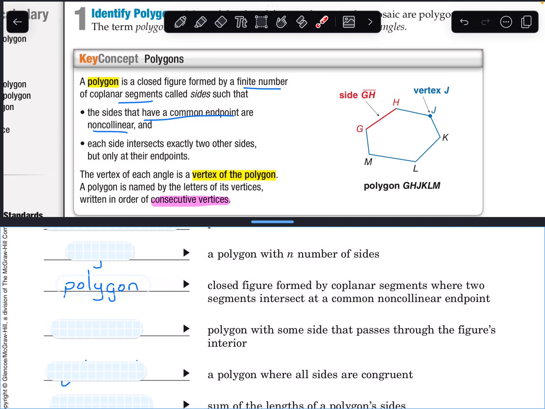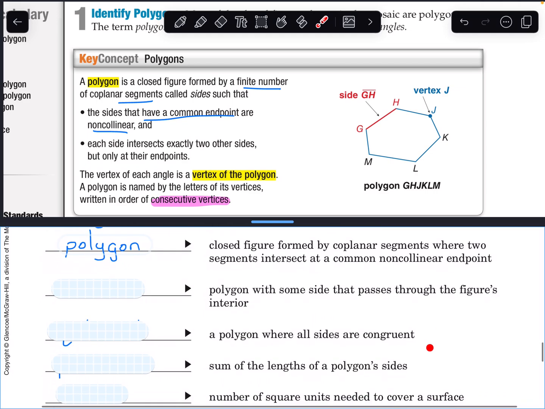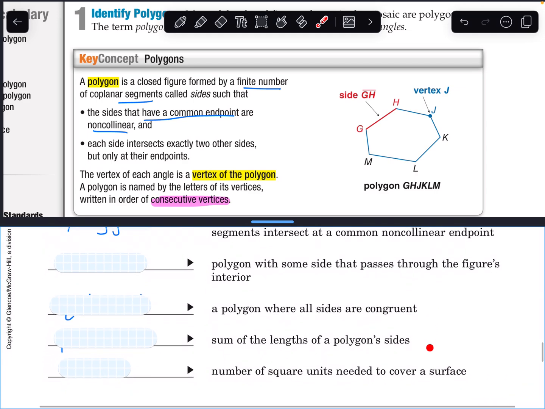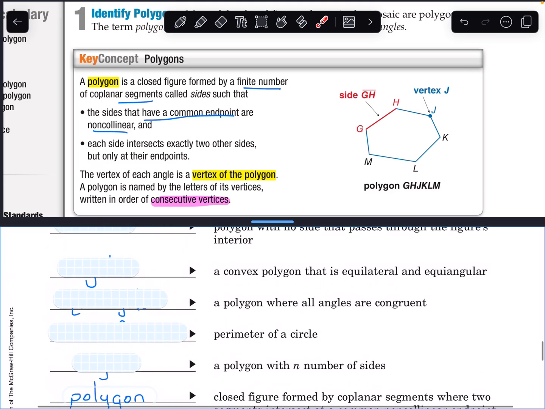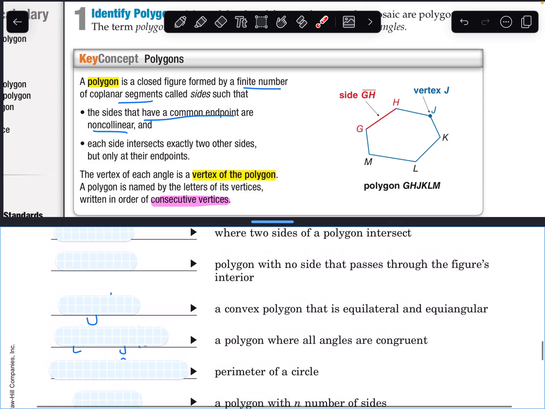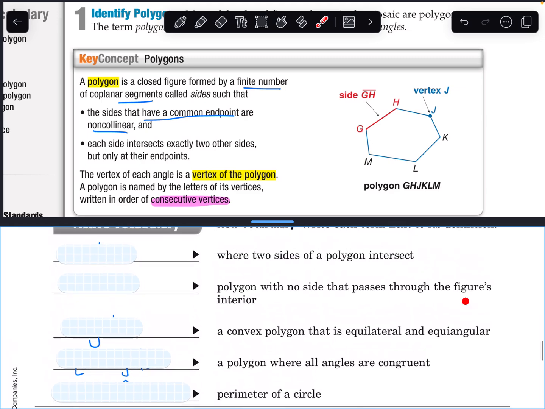Closed figure formed by coplanar segments where two segments intersect at a common non-collinear endpoint is a polygon. And the vertex of such a polygon would be the vertex of the angle, that's where the sides meet, where two sides of a polygon intersect. Oh, it's right here, very beginning.